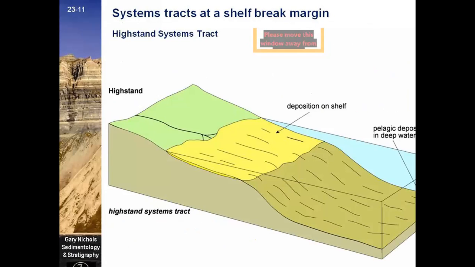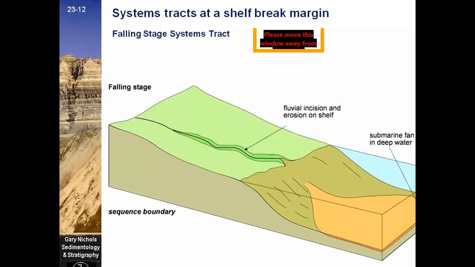So you can see here high stand system tract, and most of the sediment deposition on shelf, and pelagic or hemipelagic deposits occur in the deep water, which is continuous. And falling stage from the high stand, when we are following the shifting of shoreline towards the sea.